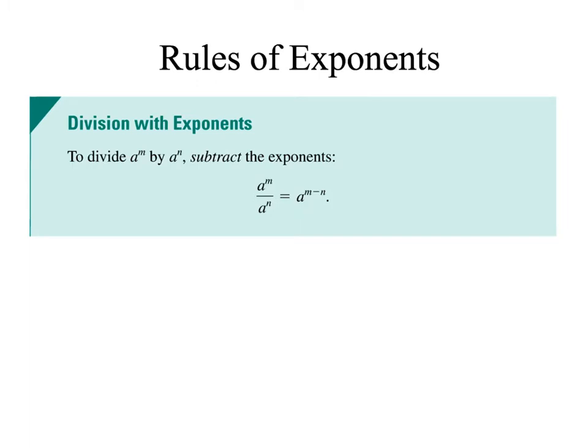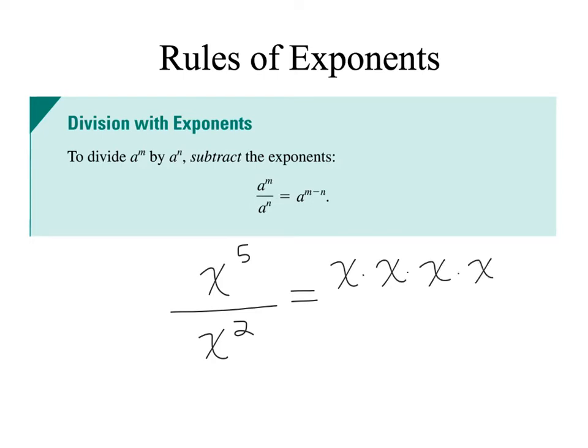Since we established that multiplication with exponents is adding of exponents, it comes naturally that division with exponents would be subtraction. But let's examine why. So if I have, let's say, x to the 5th, and I divide that by x to the 2nd, that means in my numerator there are 5 x's, and in the denominator, there are 2 x's.